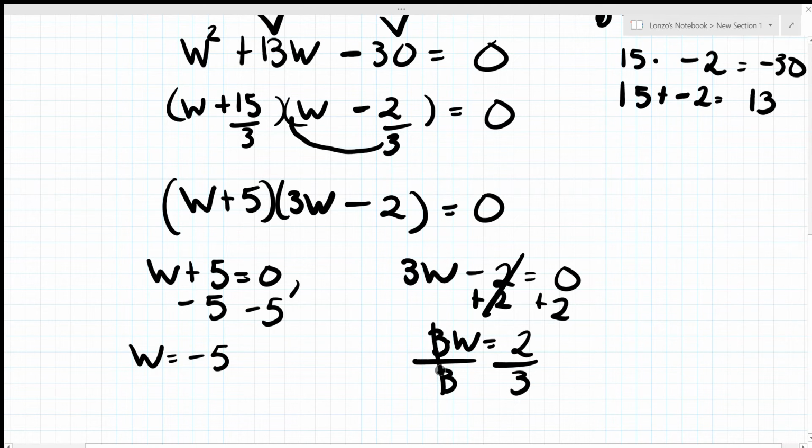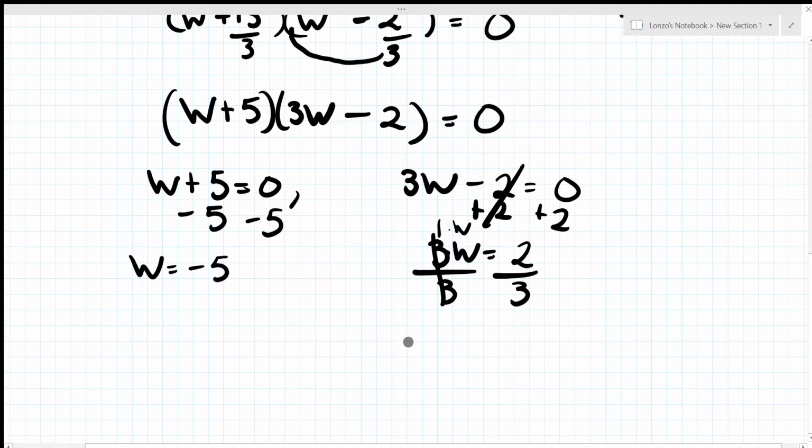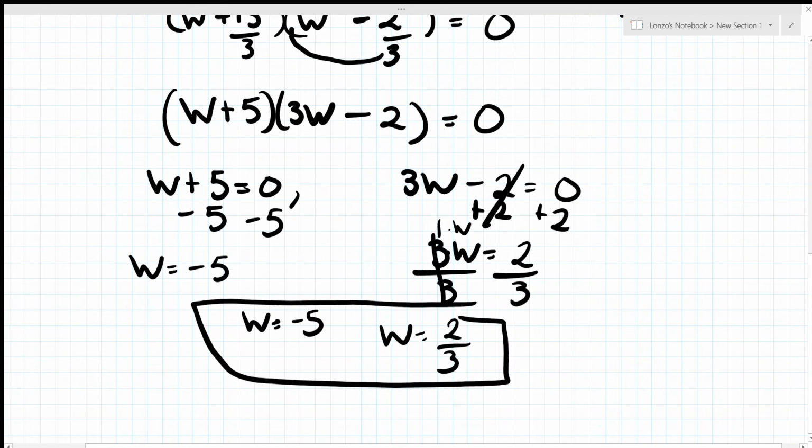Notice the 3 cancels. So you're left with 1 times w, which is still w, right? So you're left with w equals 2/3. And then you get w equals negative 5. So those are your 2 w's.